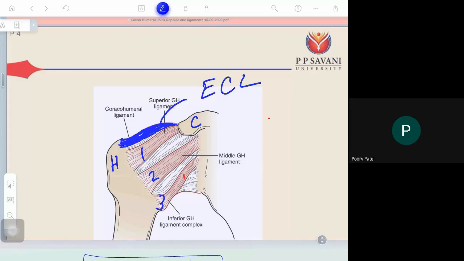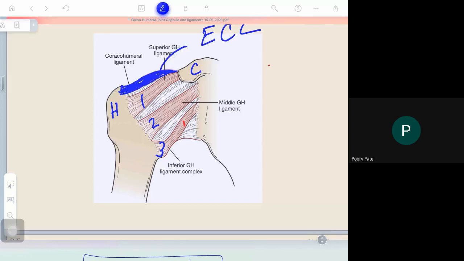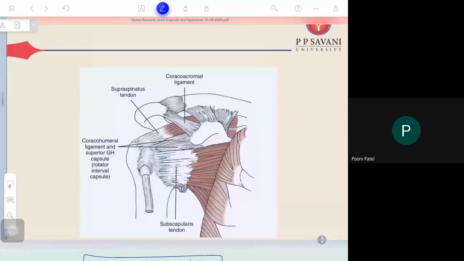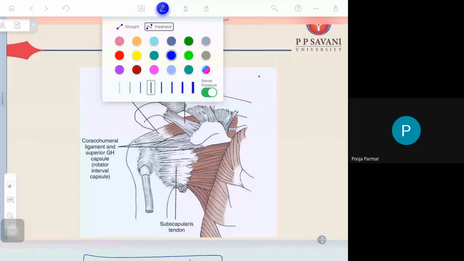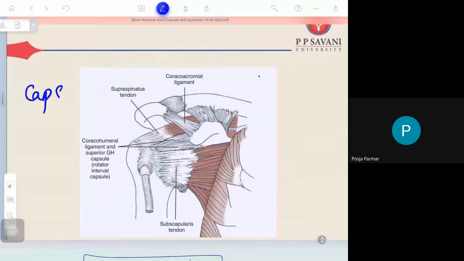They lie or bridge the rotator cuff interval. There are 3 structures. What are the 3 structures? Who can repeat? Superior glenohumeral ligament, superior capsule, and coracohumeral ligament. Very good. First capsule will come, and then this ligament is called coracohumeral ligament, and this second ligament, what ligament?